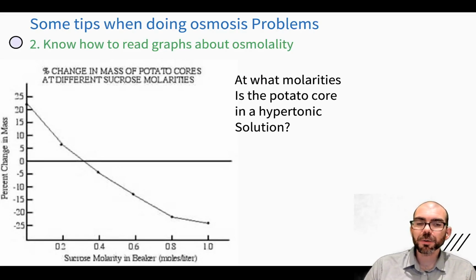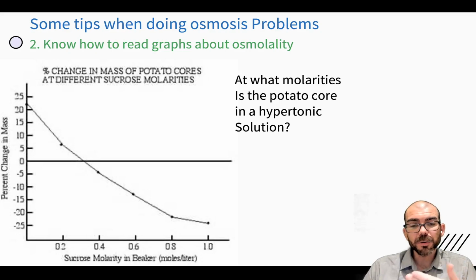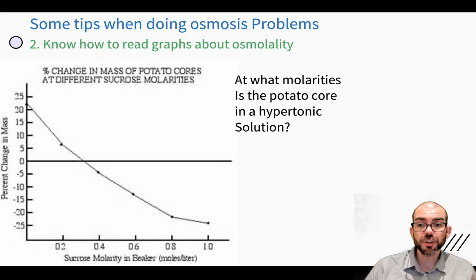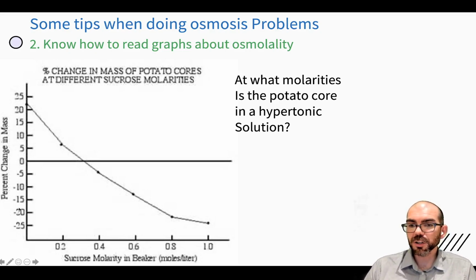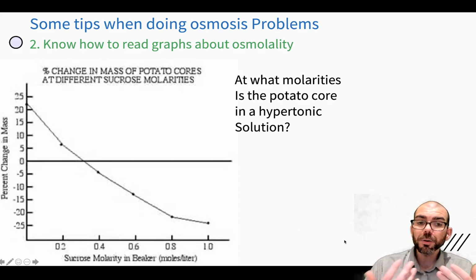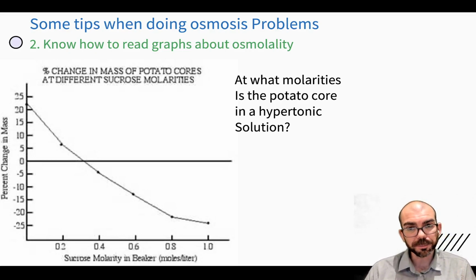Another thing you can encounter with osmolarity problems is pulling information from a graph. For example, this is a famous experiment where you take potatoes, slice cores out of them, and soak them in different concentrations of sugar. So here you're seeing the change in potato mass after they're soaked and the concentration of sugar they're soaked in. If given a graph like this, you could be asked, at what molarities is the potato core in a hypertonic solution?